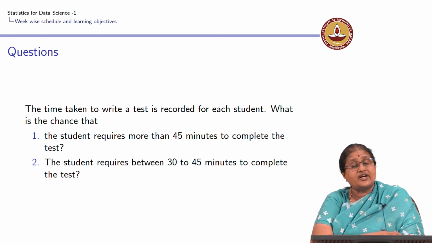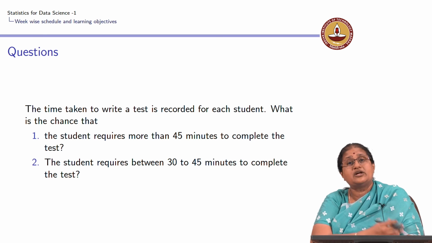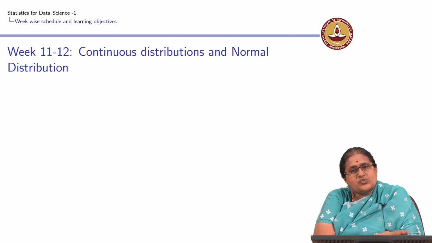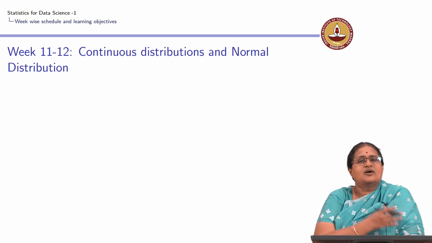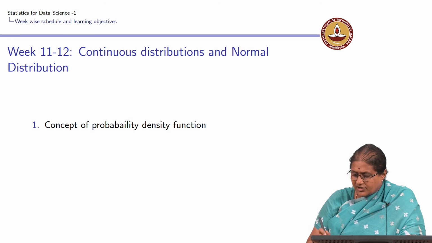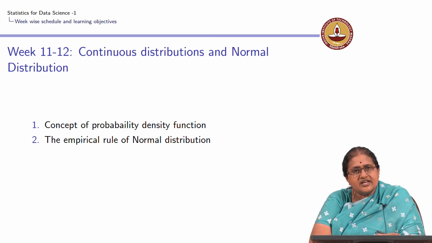These are called continuous variables, the type of questions we are going to ask on. So, first we will identify what are random variables that are continuous in nature, and in the last weeks, 11 and 12, we are going to focus on variables that are continuous in nature. Basically, we introduce the notion of probability density function.